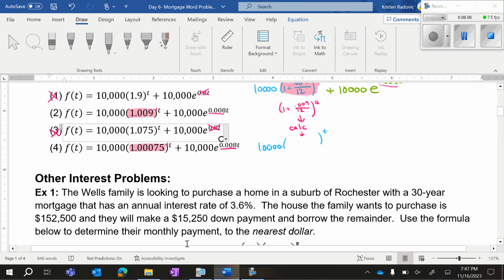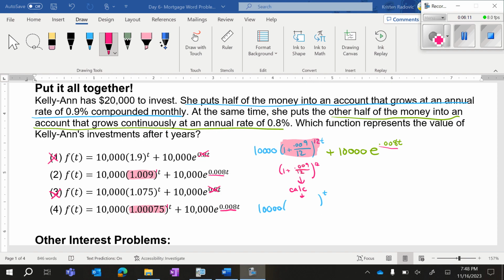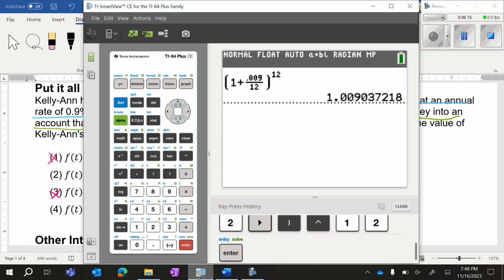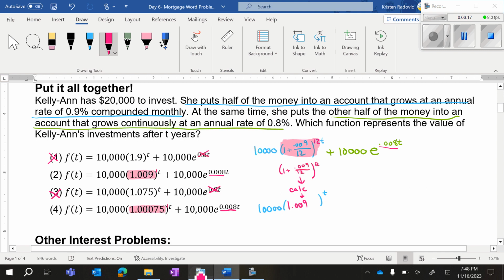There's more stuff. But my point is if you compare it, clearly we have the 1.009 that it is closer to. So your answer would be choice 2.